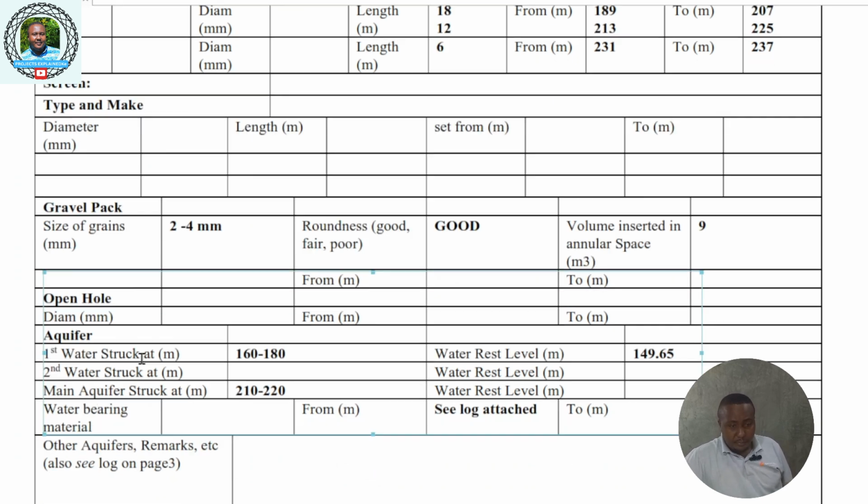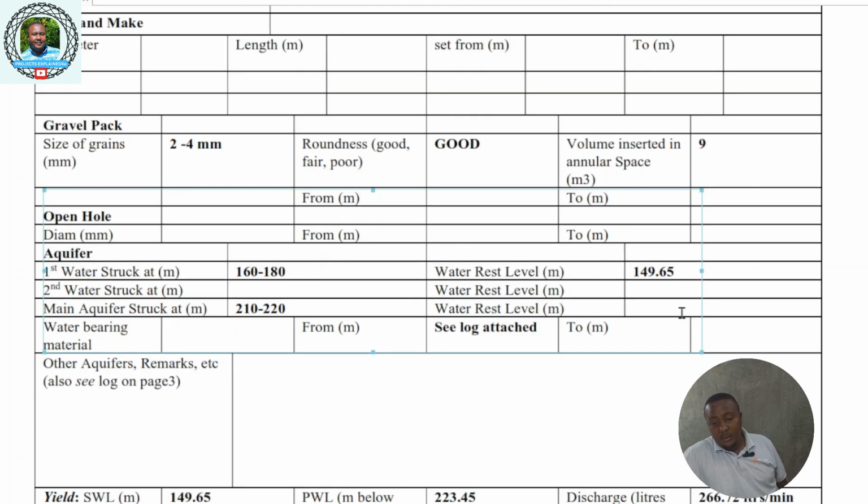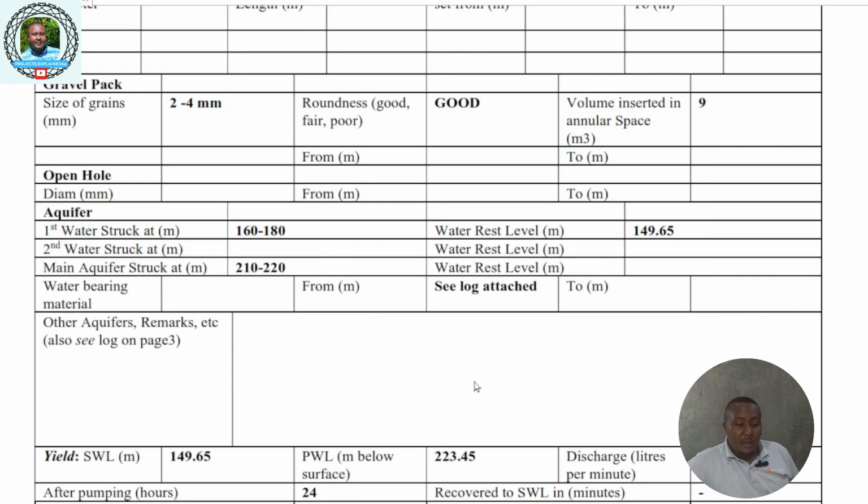Then if there was an open hole, you indicate there. Then the water strikes. This is where the aquifers were struck. So this borehole 160 to 180. Then the main aquifer was struck at 210 to 220, and the water rest level, which is the static water level, was 149.65. This you'll also see in the test pumping results.